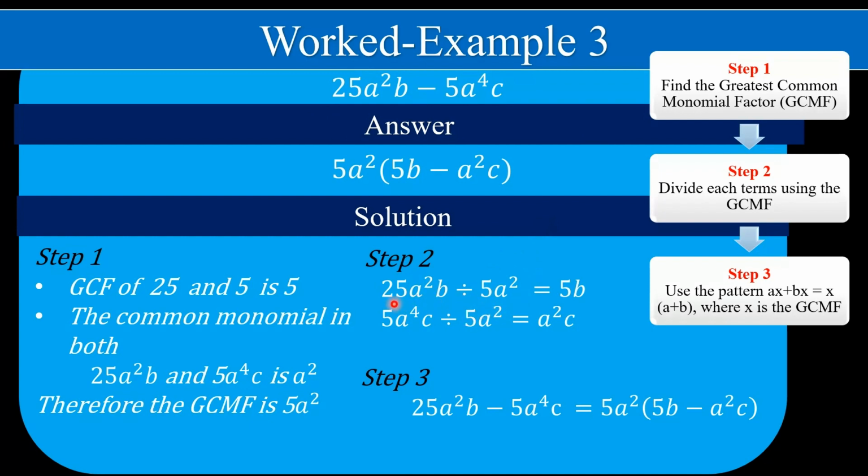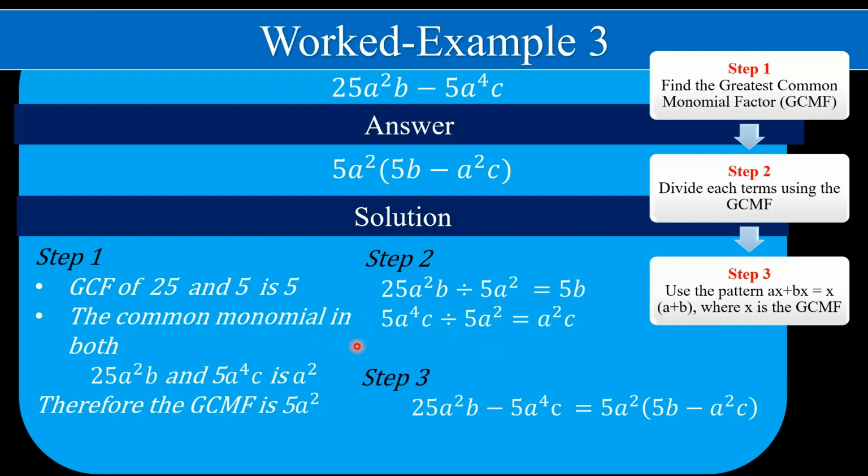So here, 25 divided by 5 is 5. And a squared over a squared equals 1. So we have the remaining letter b there as our variable. And the second term is 5a to the 4th power c divided by a squared.